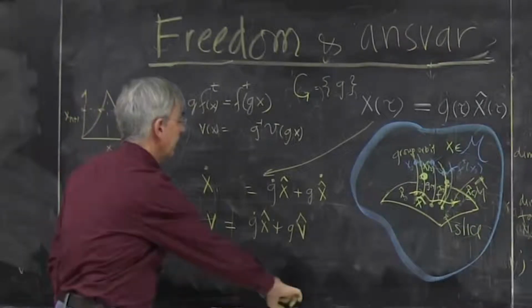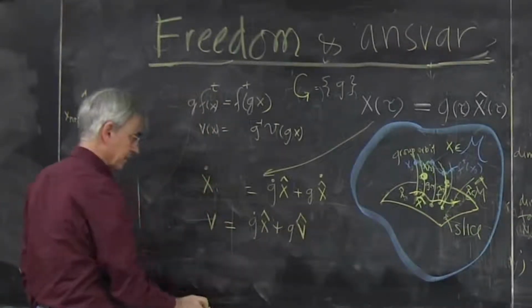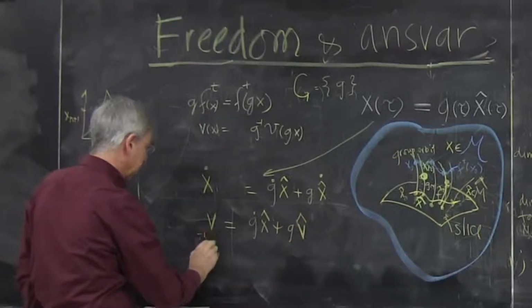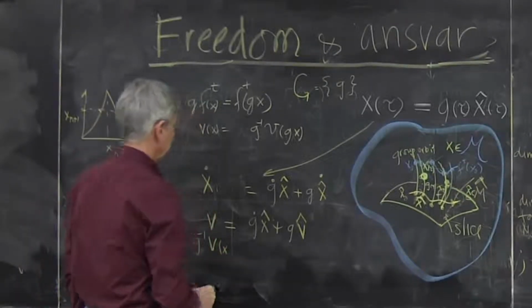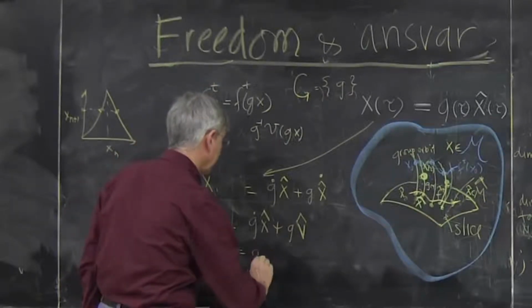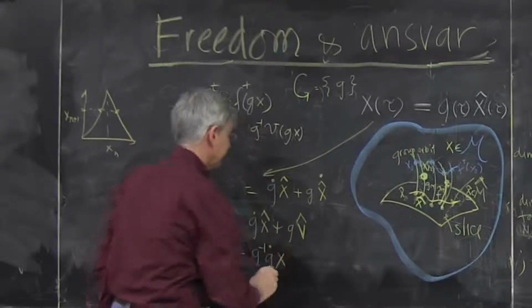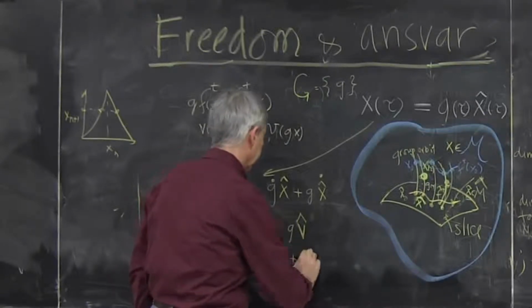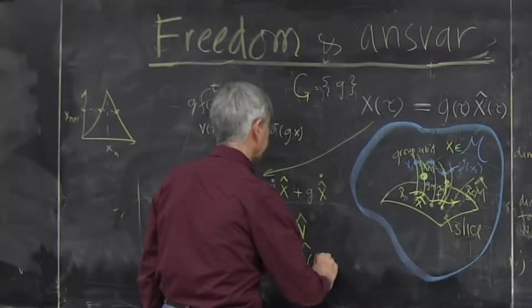Good, okay. So this is group operations, so I'm allowed to write an inverse. So I write g minus 1 v at point x is g minus 1 g dot at the new point plus velocity at point x.